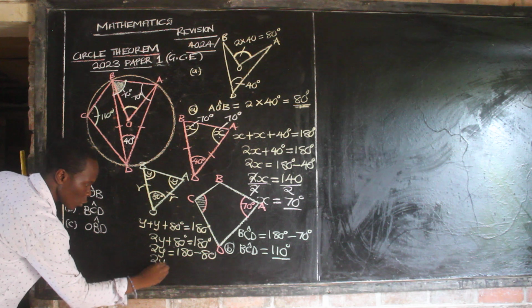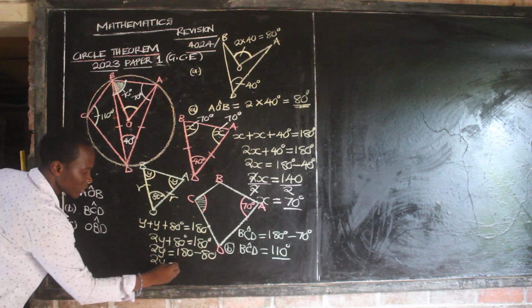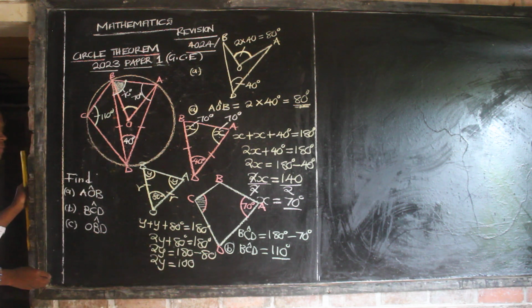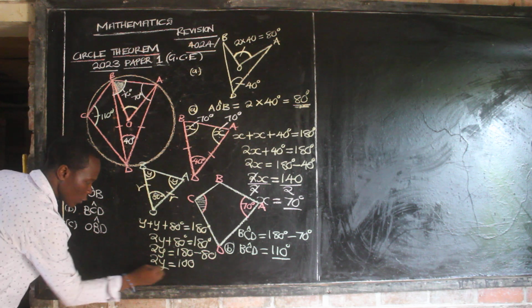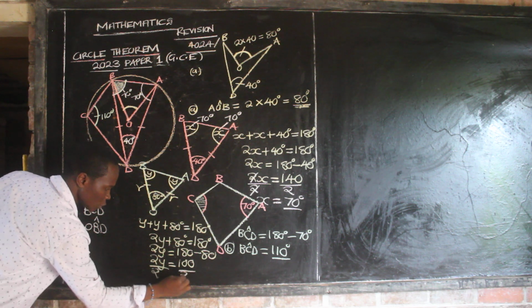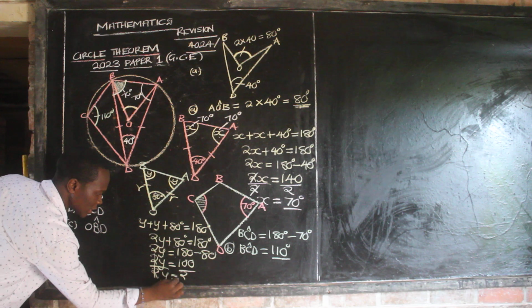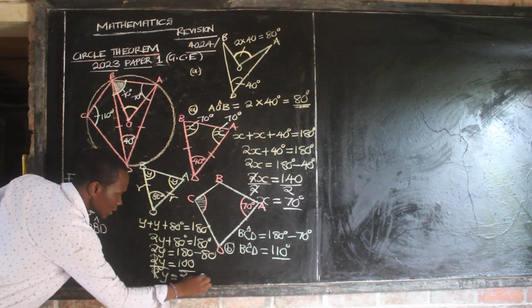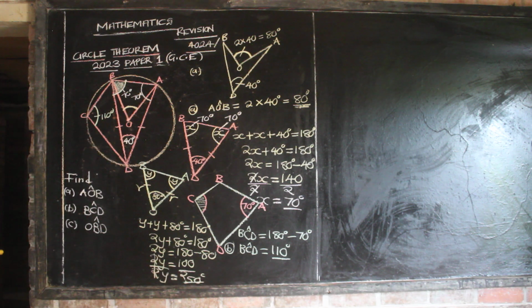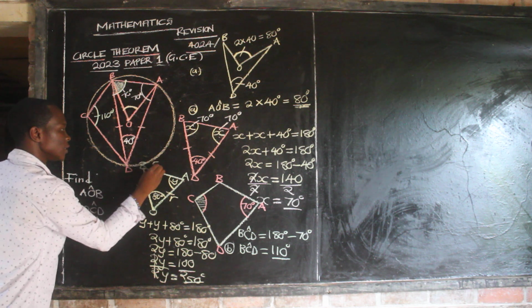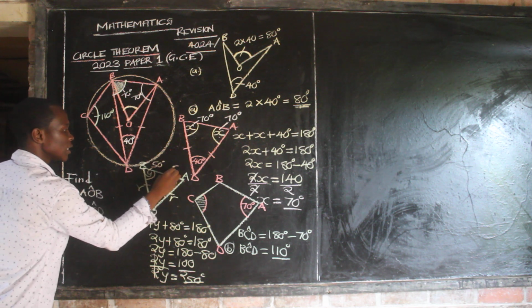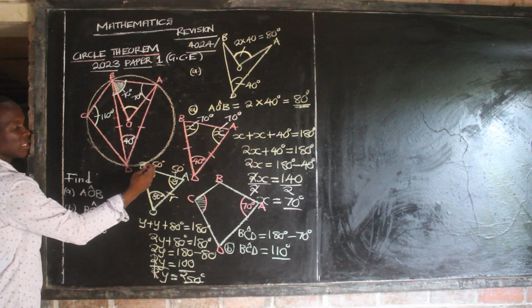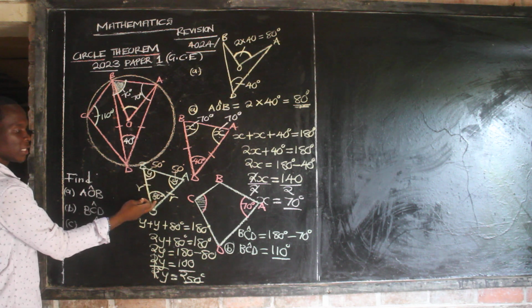So 2y is equal to 180 minus 80 to get 100. So for us to remain with y, we say over 2 over 2. These two are going to go. Y is equal to 50 degrees. So this angle is 50 and this angle is 50. 50 plus 50, 100. 100 plus 80, 180, angles in a triangle.